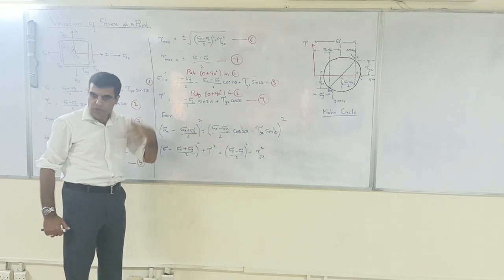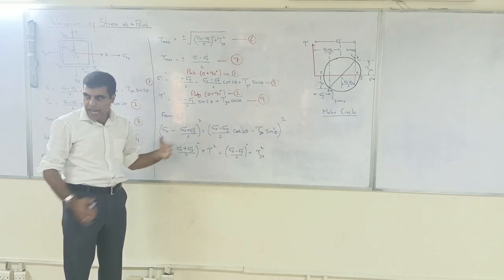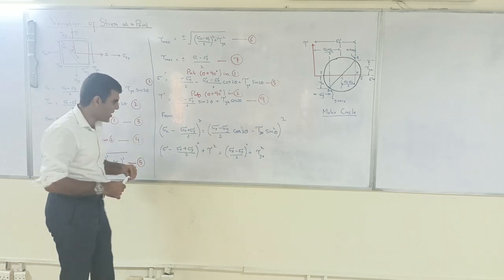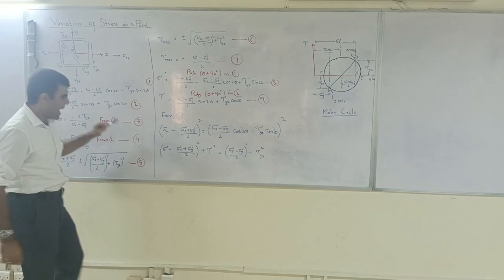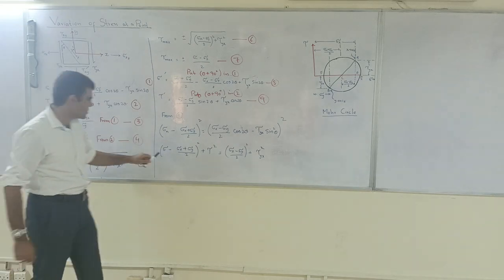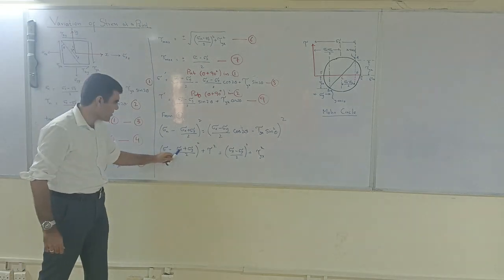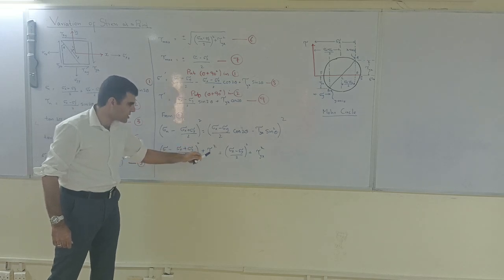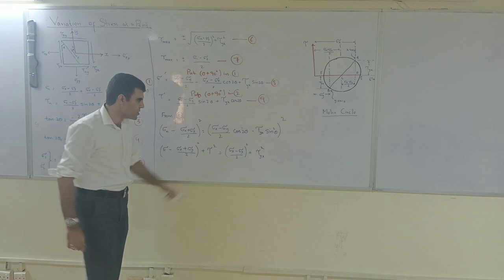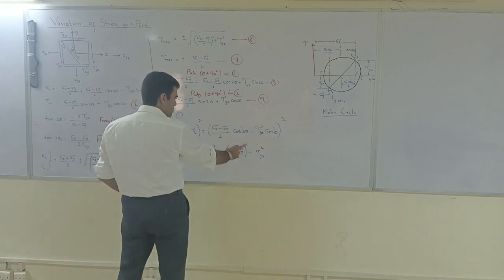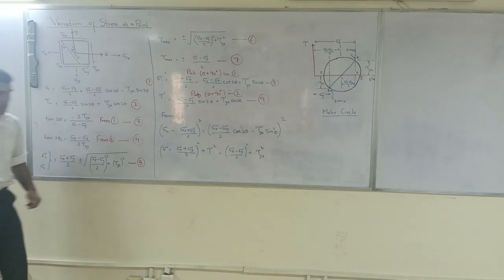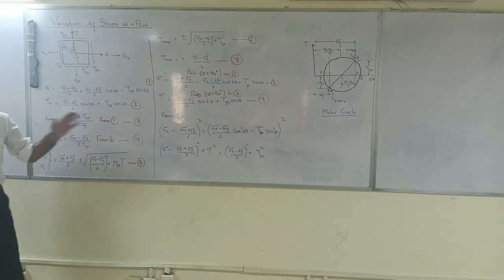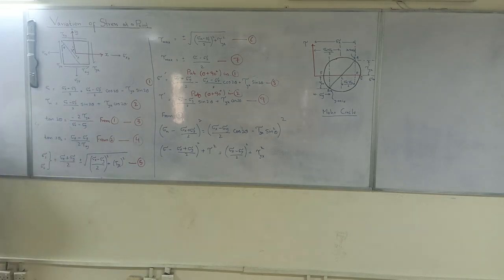So I do the a square plus b square plus 2ab thing and then do some addition and using algebra, I get stress minus stress x plus stress y divided by 2 whole square plus tau square is equal to stress x minus stress y divided by 2 whole square plus tau y x square. That's what I get.